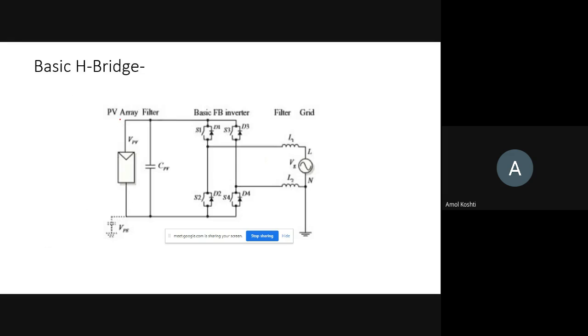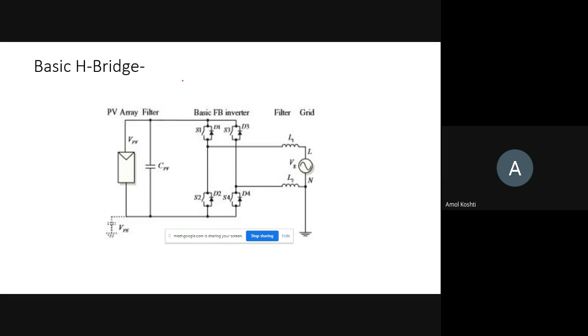Then after this, we'll see the basic H bridge. As I told you, these PV inverters are a little complex in both hardware and functionality, so they need more devices as compared to the conventional grid system or power system network.